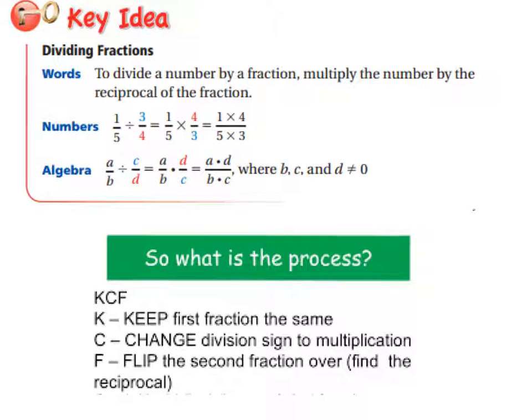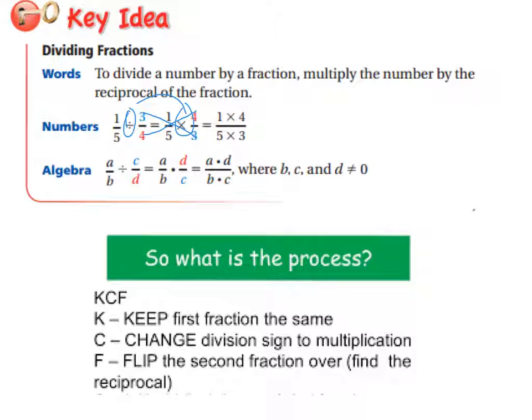Again, any number that's the same for both numerator and denominator is equal to 1. Key idea: dividing fractions. In words, to divide a number by a fraction, multiply the number by the reciprocal of the fraction. In numbers, that would look like this: 1/5 divided by 3/4 equals 1/5 times, so we're changing the division to a multiplication, times the reciprocal of the second number, 3/4, which is 4/3.